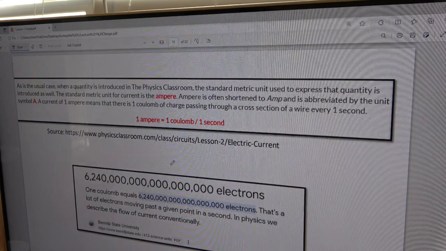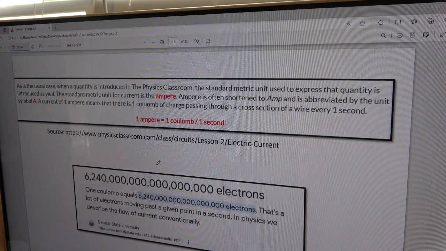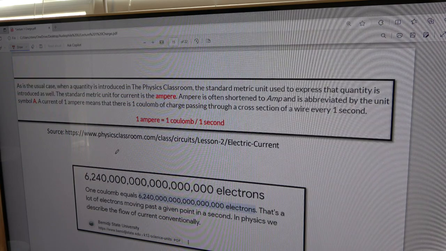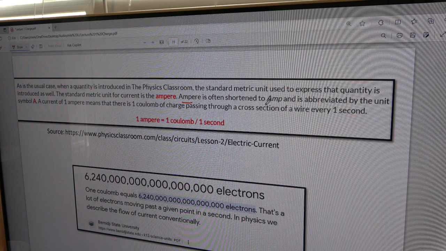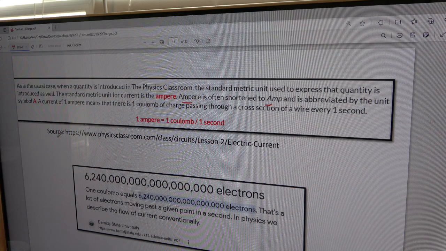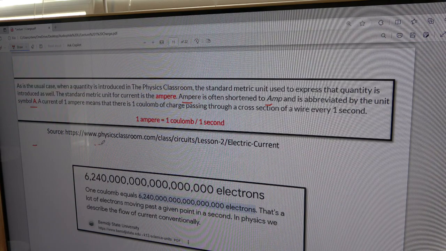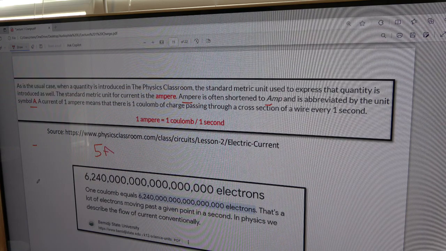Now the ampere, and this is a unit that we see all the time in audio. Amps. The ampere, or the amp, is a unit denoted by A. Five amps, right on. Actually, that's a lot of current.